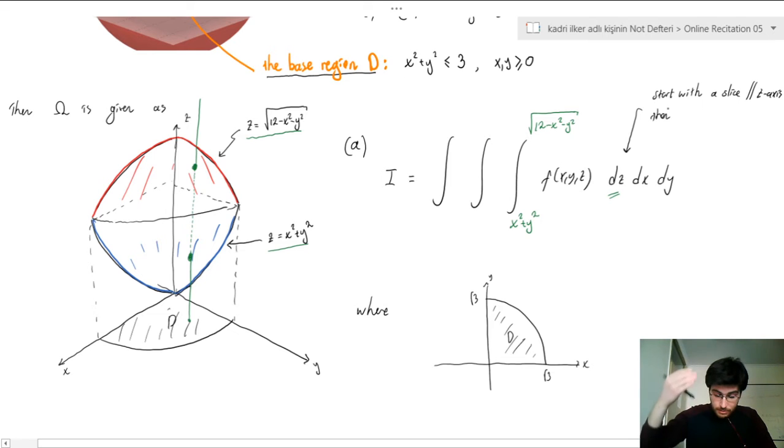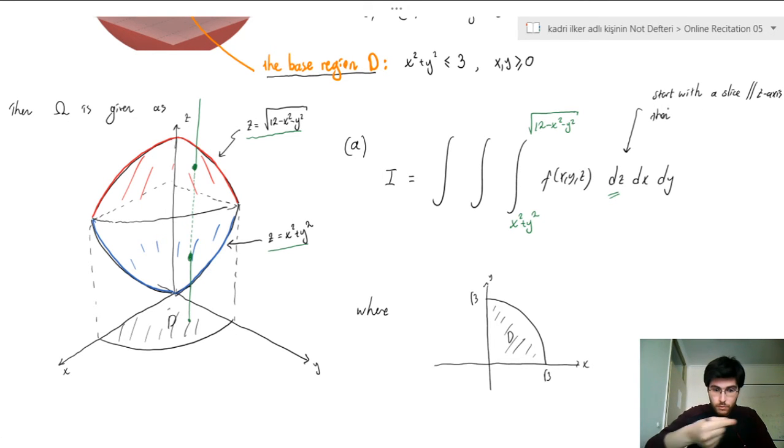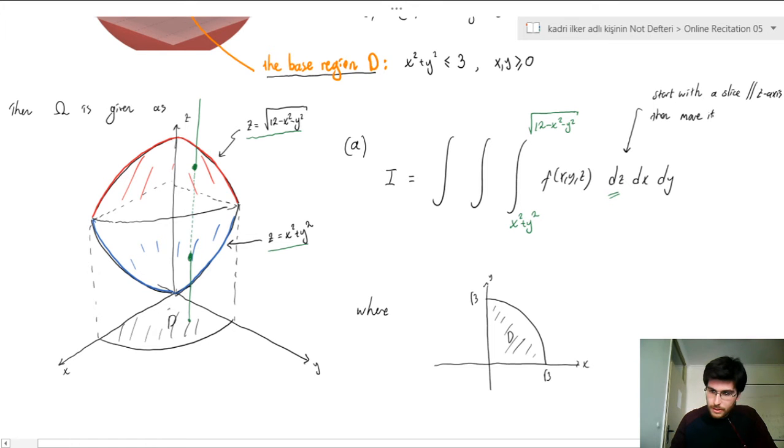But now we start with a slice parallel to the z-axis, and then we move this slice along the base region D. The second part, the motion through the region D, is controlled by the usual horizontal and vertical slice business, using horizontal or vertical slices, or rays, as before.